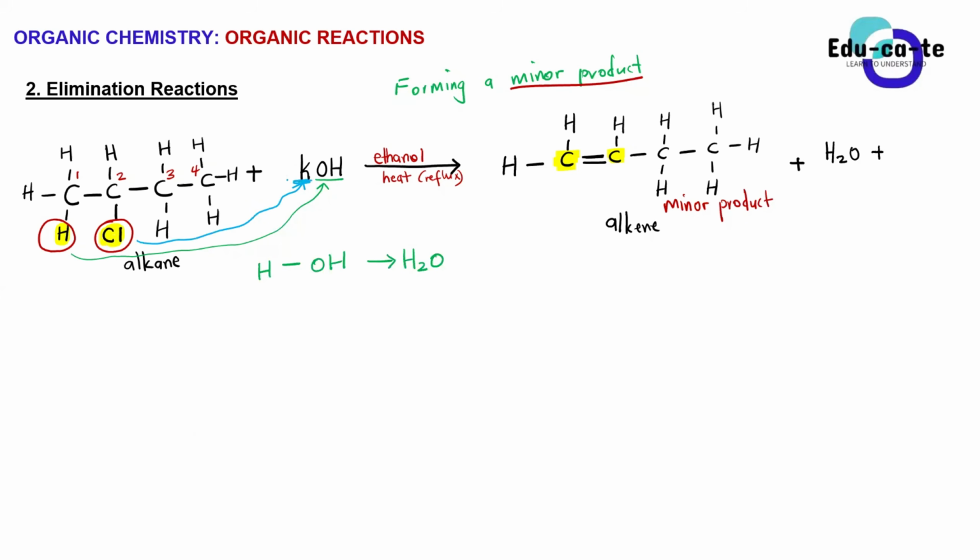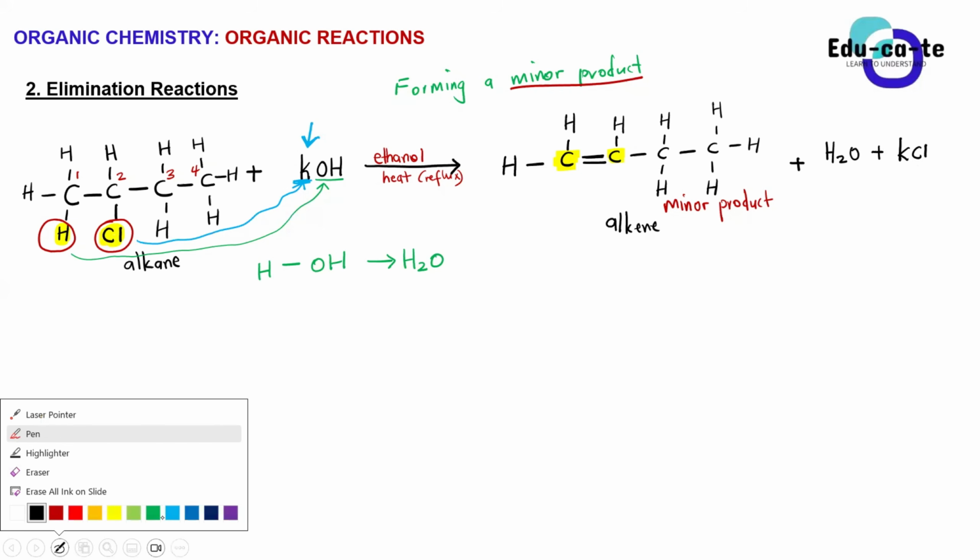Always we form water at the end of the day, but the halogen always attacks this metal, because here we can have sodium or we can have potassium. We can have Na or we can have K. Both of those are metals. We use those metals. So basically this Cl can go to K, and if we have K and Cl, that's KCl, potassium chloride.